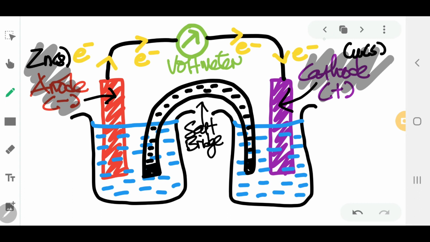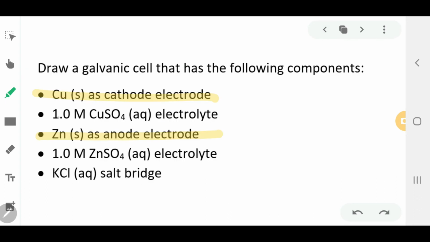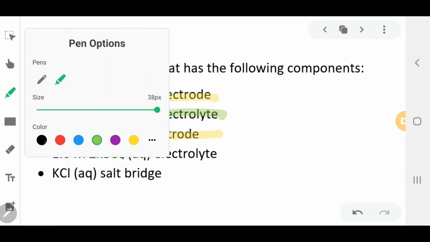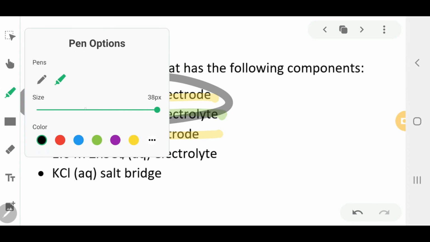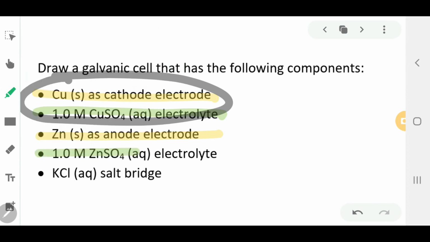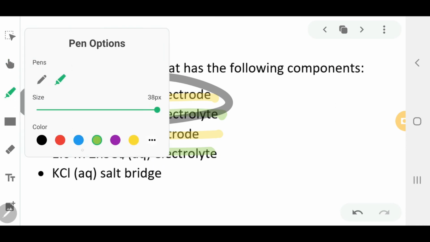And next, now we're going to do the electrolytes. We have copper sulfate. That is the electrolyte for your copper solid. I'm going to write that, so that should be together. And we have zinc sulfate, and this is going to be the electrolyte for zinc solid.